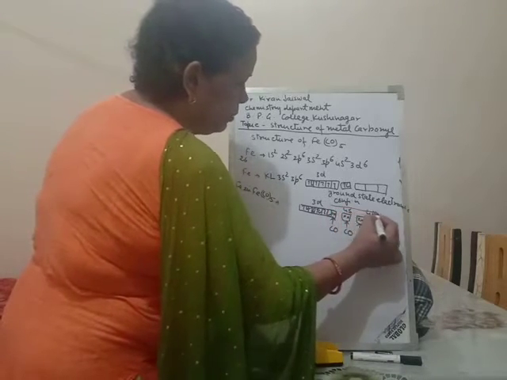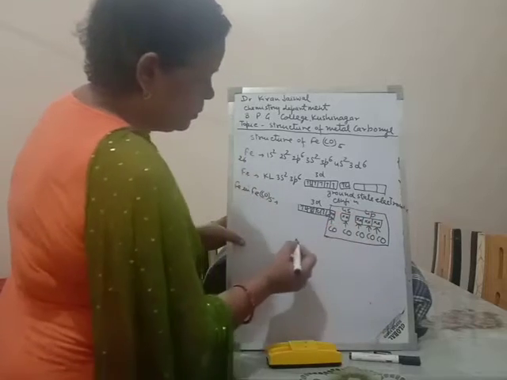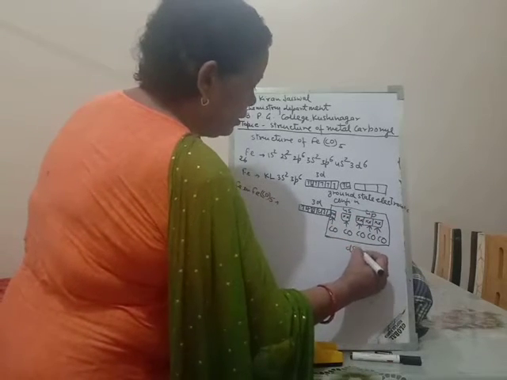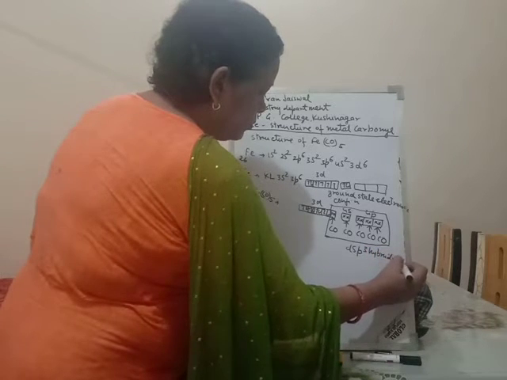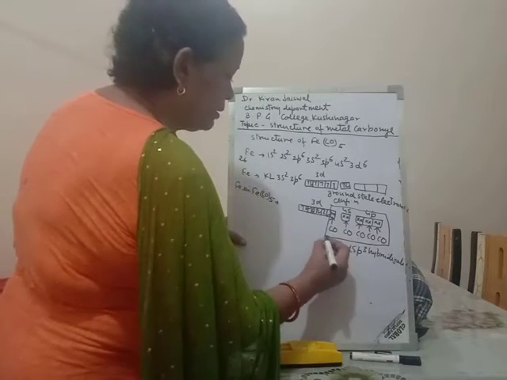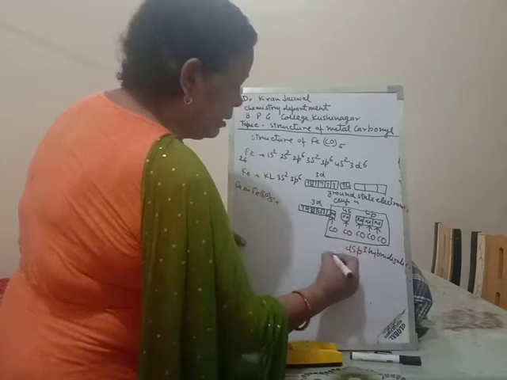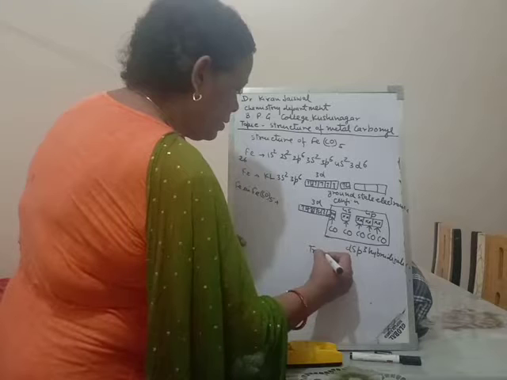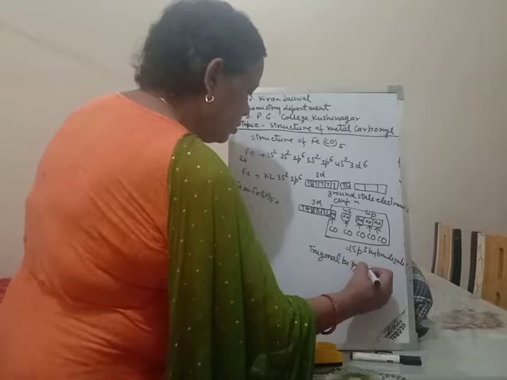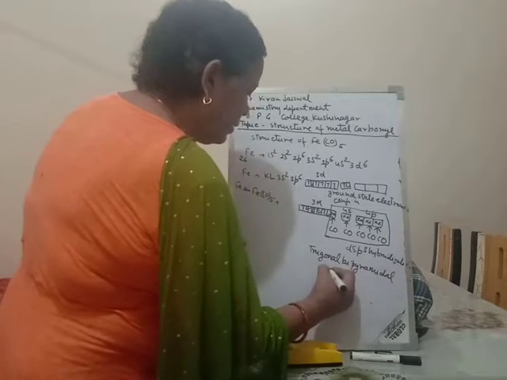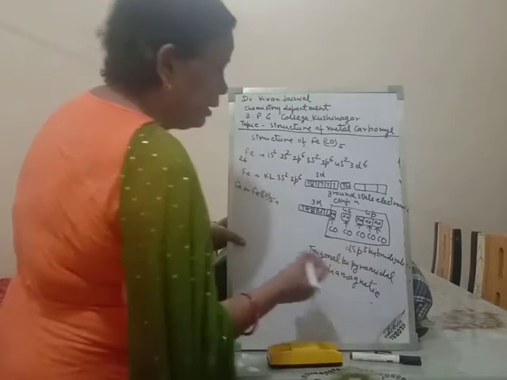The hybridization will be dsp3. With dsp3 hybridization, all the electrons are paired, so the structure will be trigonal bipyramidal, and the molecule will be diamagnetic.